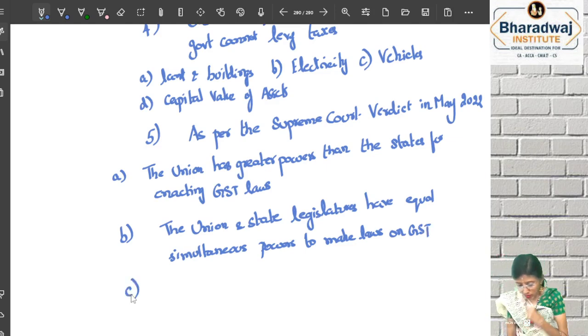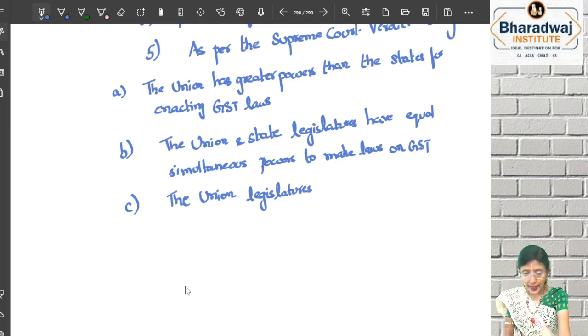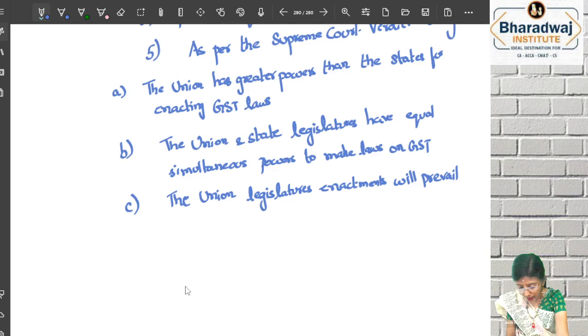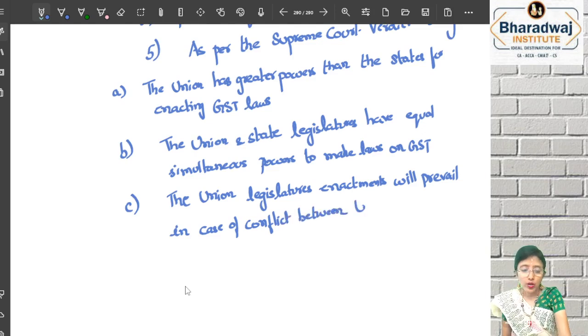Option 3, the union legislature's enactments will prevail in case of conflict between union and states.